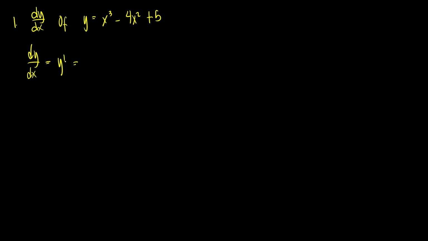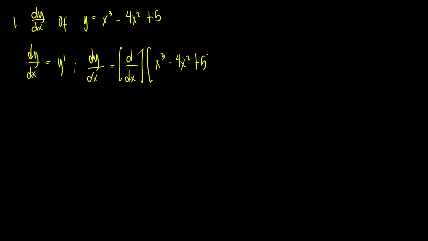Okay, this isn't y raised to 1 but y prime. So here we have dy over dx equals d over dx of the equation itself, x cubed minus 4x squared plus 5.